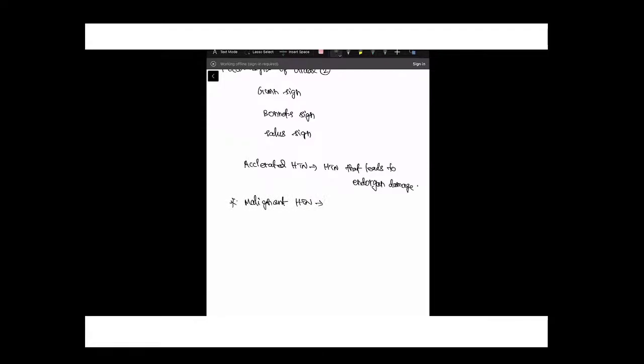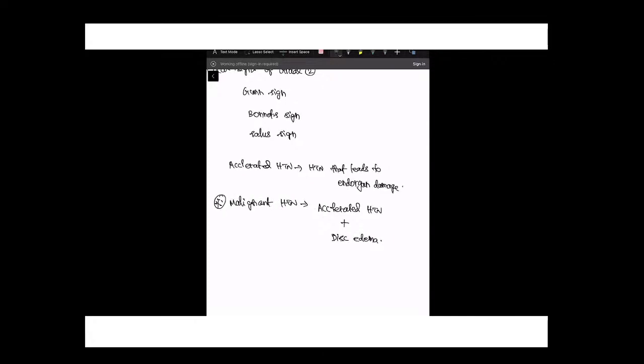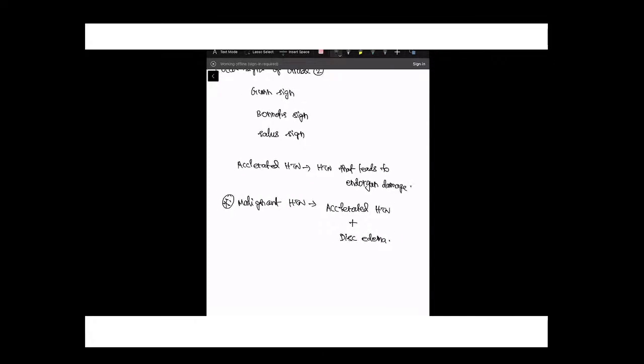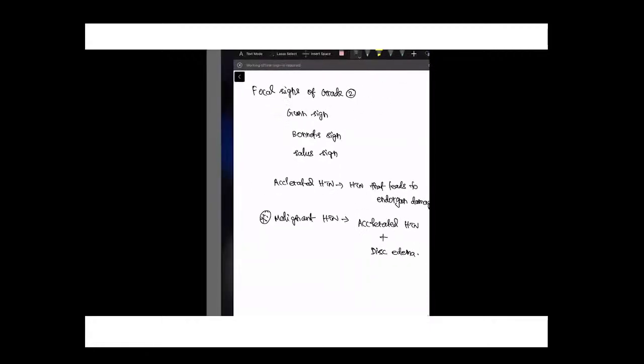Malignant hypertension: accelerated hypertension with disc changes such as disc edema is malignant hypertension. So this is with the retina. Now we'll look at the images.